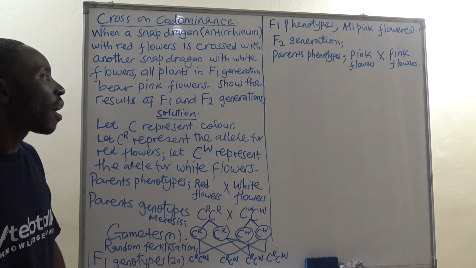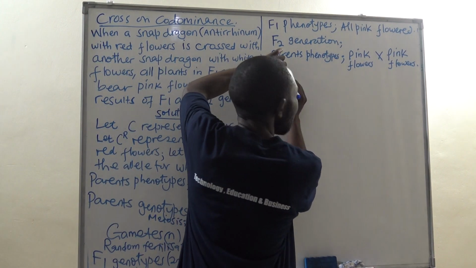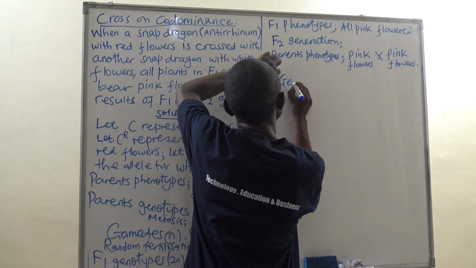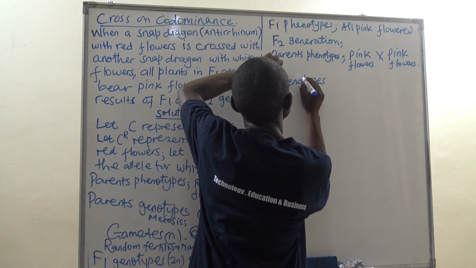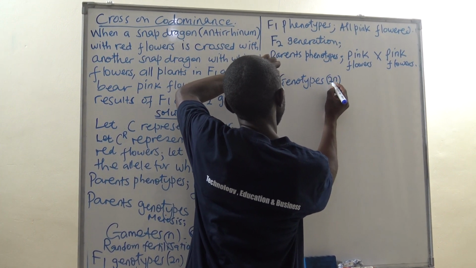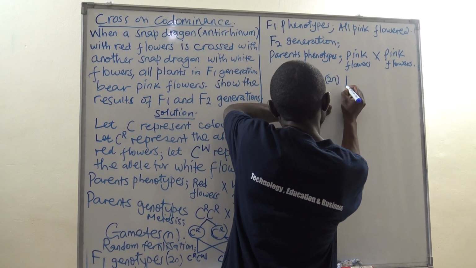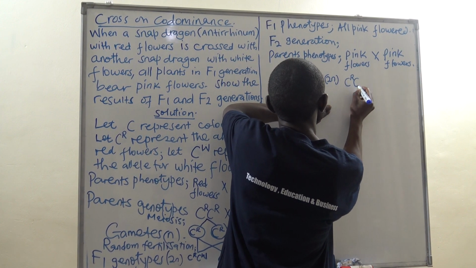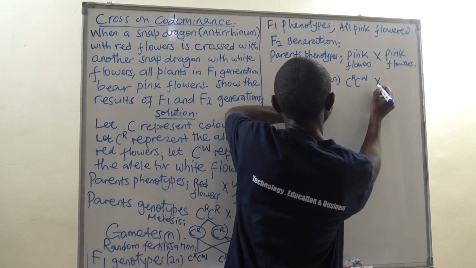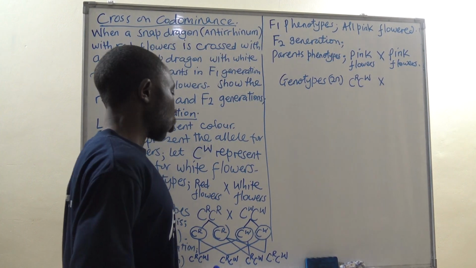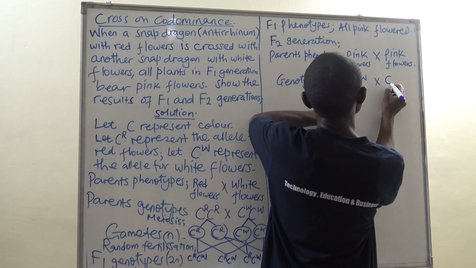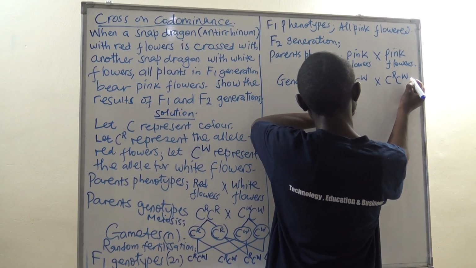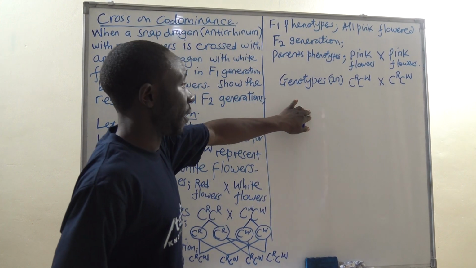The genotypes of the parents, which are diploid: C^R C^W, and also C^R C^W.